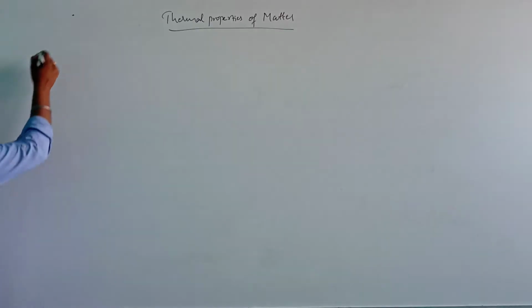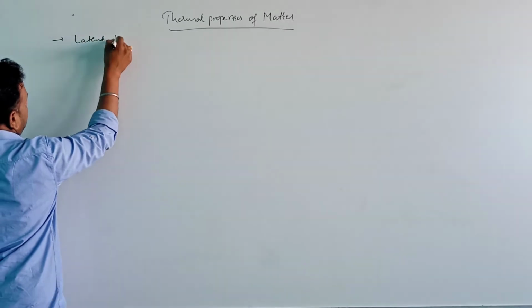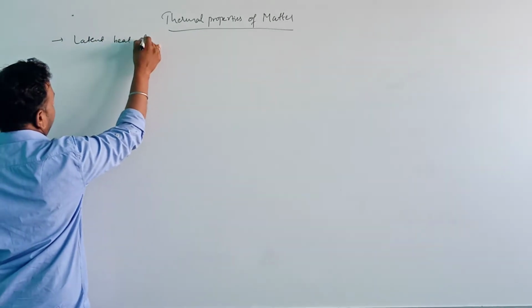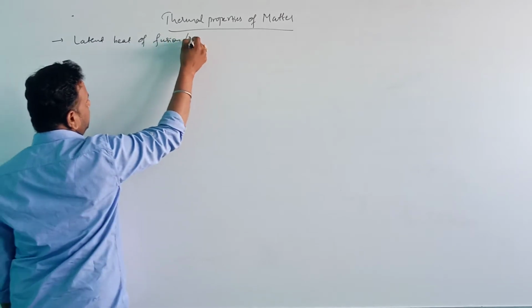Now there are two types of latent heat. The first is latent heat of fusion or melting.